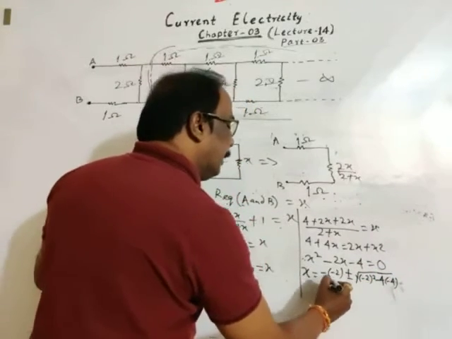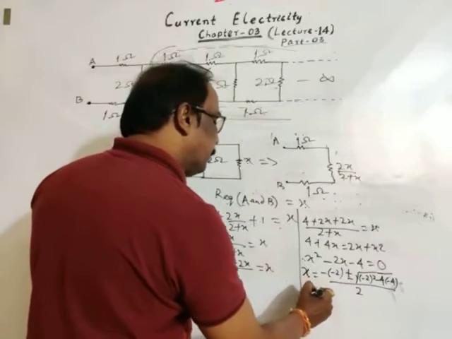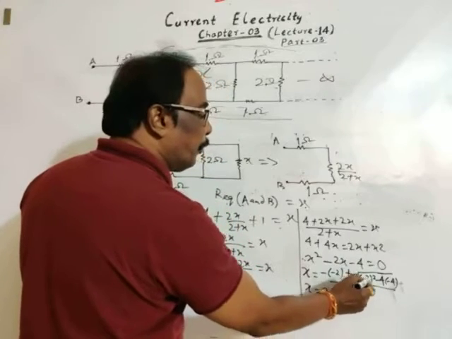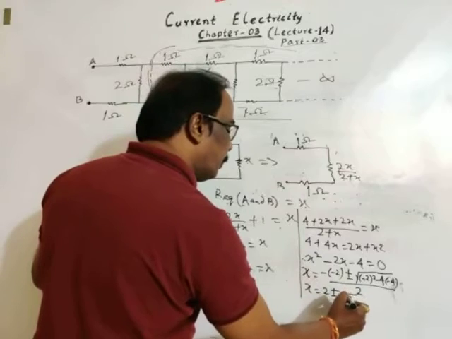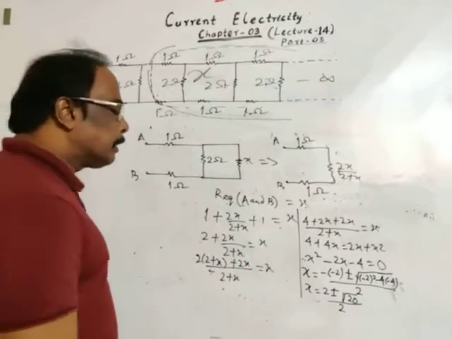Divided by 2a. Then x is equal to 2 plus minus square root of 4 plus 16, so square root of 20, whole divided by 2. Now this is our answer.